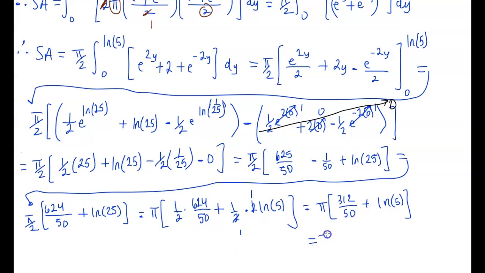So if I divide 312 by 2, I'm going to get 156. And dividing 50 by 2, I get 25. And my result here ends up just being pi times 156 divided by 25 plus natural log of 5. And so again, since this is an area, I want to answer this as square units. And so this will be my final answer there.